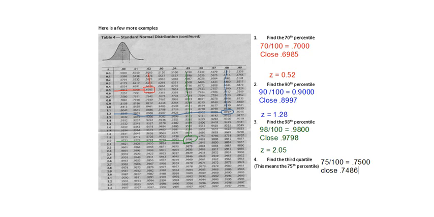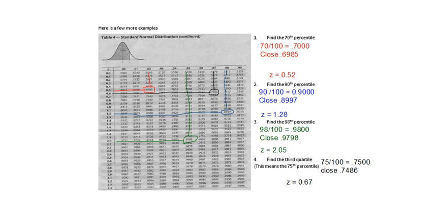Let's see if we can find that. 7486, let's see. Oh, there it is. I found it. It's right here. And that corresponds to a z-score of 0.67. All right, excellent. So that takes care of finding z-scores from percentiles.